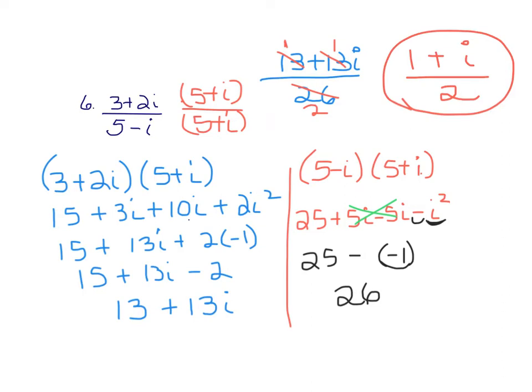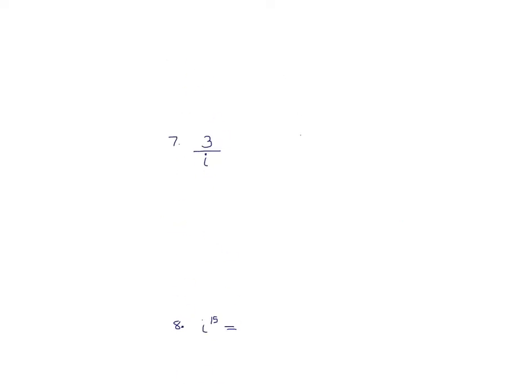Number 7. What do you think we need to do to this one? Okay, we're actually just going to multiply it by itself, just like we did with radicals. We're rationalizing here. So I'm just going to multiply the numerator and the denominator by the letter i.